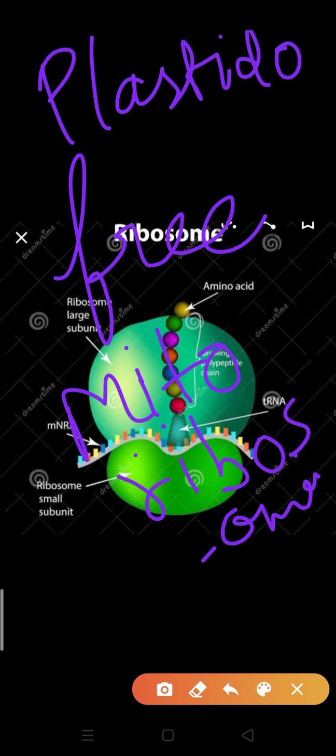And one more form: when it is attached to any cell organelle, like the nuclear membrane or the endoplasmic reticulum, it is known as the bound ribosome.